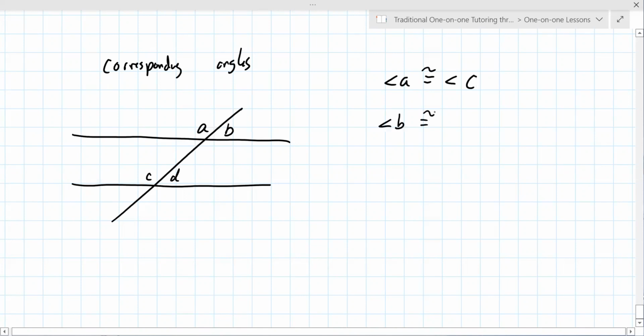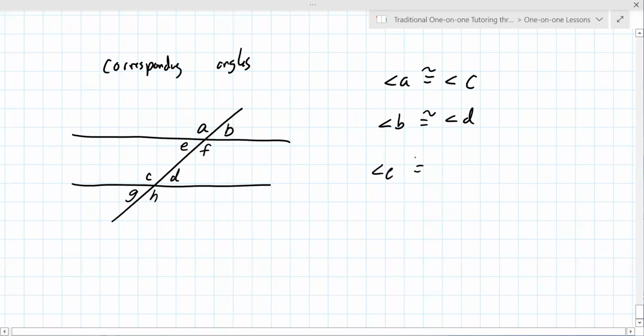Angle B is congruent to angle D, also by corresponding.